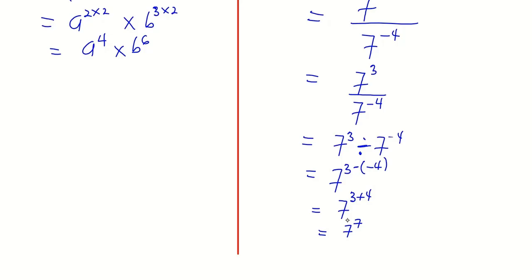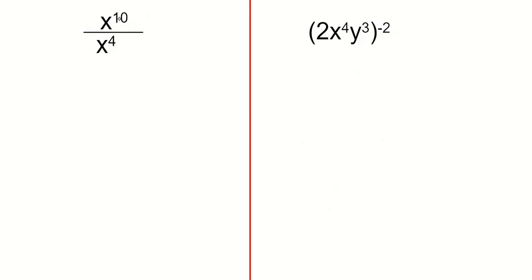Now we'll go to the last set of examples, and in that one we have x exponent 10 divided by x exponent 4. Once the bases are the same and at the same time they are dividing, we just write one of the bases and subtract the exponents.